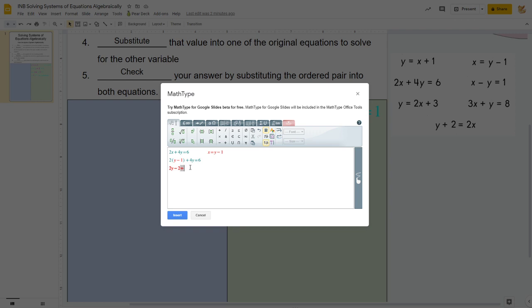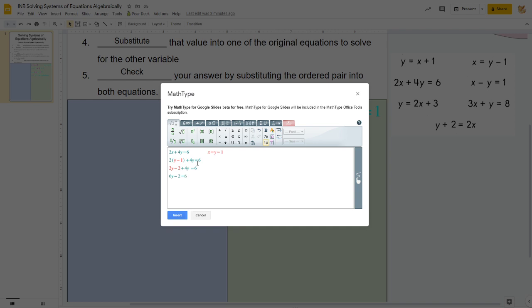Plus, this doesn't need to be bolded. And then the rest hasn't changed, so we have 4y equals 6. Okay, we combine like terms, so 2y plus 4y, which is 6y, minus 2 equals 6.